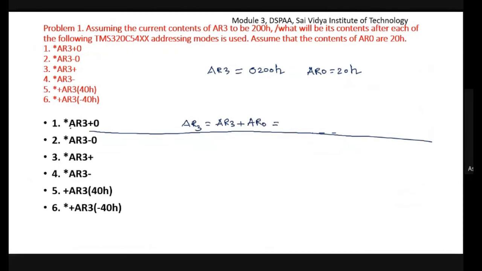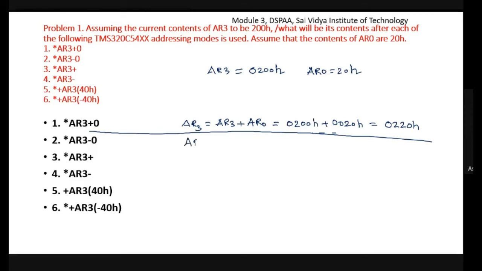Here ARX is AR3, which is pointing at 0200 hexadecimal, and the AR0 value that I have here is 0020 hexadecimal. The final answer that we are going to get is 220 hexadecimal. Is this understood? Is this clear? Shall I continue with this?